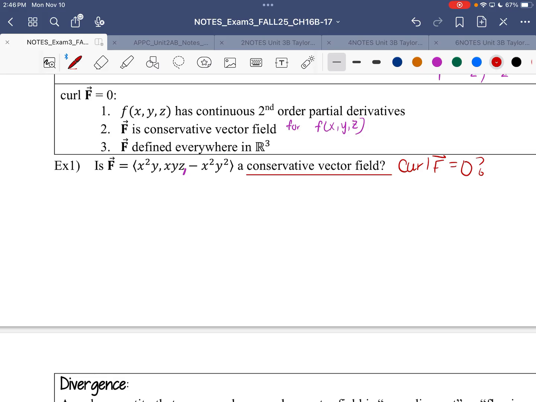For, say, just f of x, y, would that not be the case? It could still expand if we're only in 2D, yeah. But, well, no, because you're not going to ever be able to do the curl of something in 2D. Well, I guess you could make the k be zeros. So you could do the curl, but you're probably going to do a different, like partial derivative test when it's in 2D.